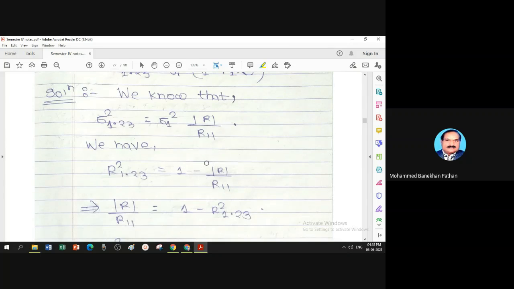Now I took this negative quantity on one side and this to the other side. So determinant of R upon R11 is 1 minus R square 1.23. So this expression is going to replace here.